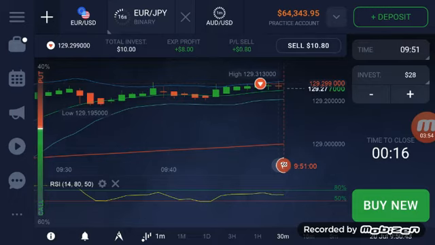It moves very drastically sometimes. So let's just hope that this is a win, and after this trade closes, the other one will be on under 1 minute. So we'll look at that one too.